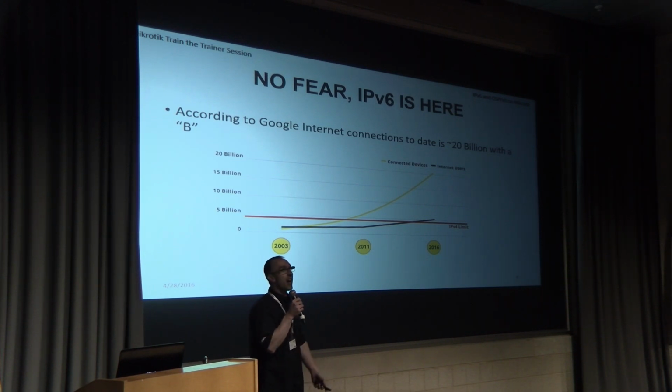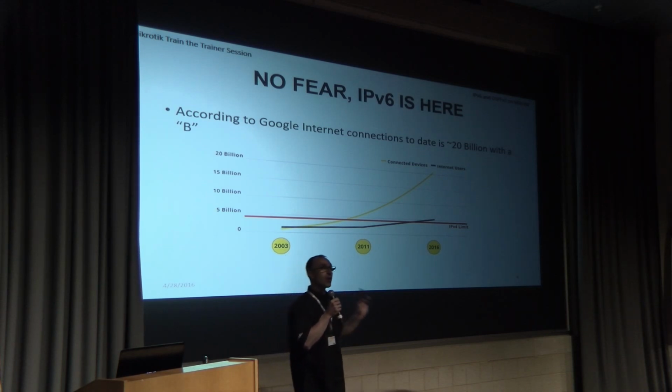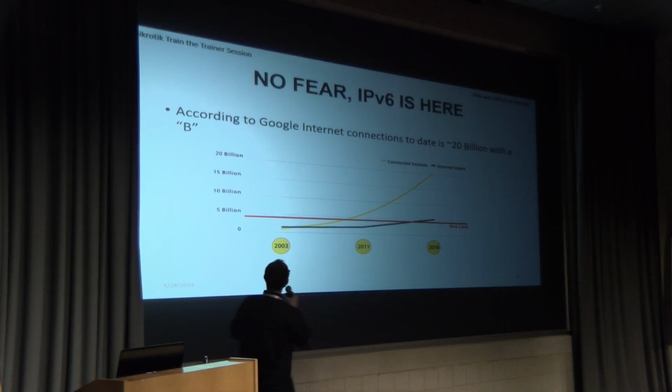Well, it seems now that it was a mistake. You can see by the lines on the slide, I hope there are no colorblind people here. Anyway, the red line is near 4.3 billion. The black line is the number of users.